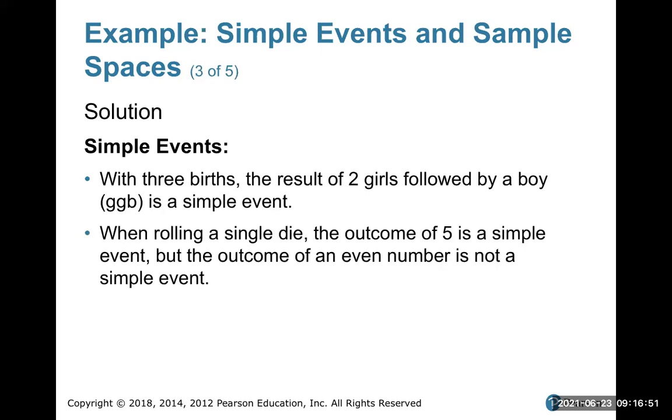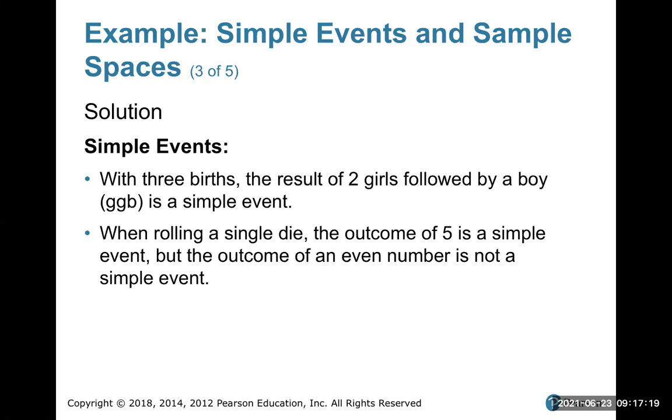A simple event is just something you cannot really break down any further. Another example is when rolling a single die, the outcome of 5 is a simple event. But the outcome of an even number is not a simple event, or the outcome of an odd number is not a simple event, because you have multiple possibilities.